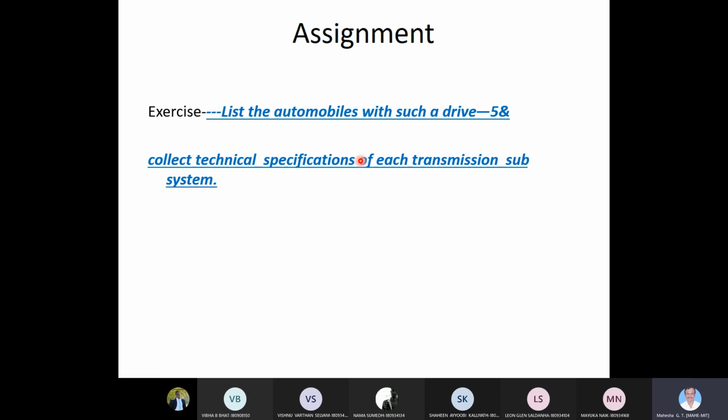In that also, further classification, you only mention the type. That is the assignment you need to collect. Is that okay?